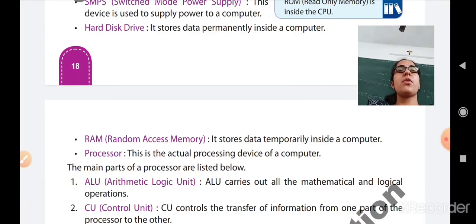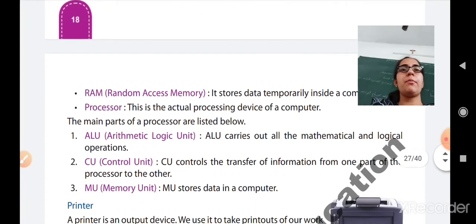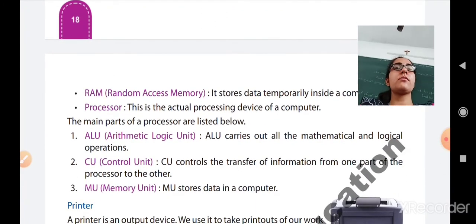Then fifth is processor. This is the actual processing device of the computer. It means every processing, every calculation, if you are giving a sum to a computer to return your answer, then the actual processing will be done using the processor. It will calculate everything. Now the processor is also divided into parts.